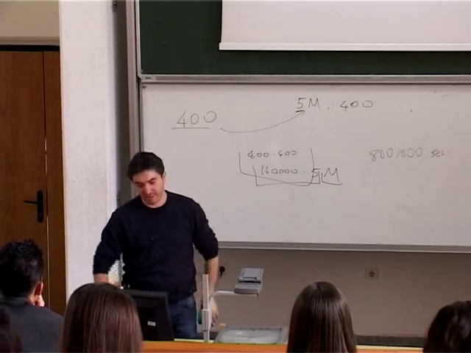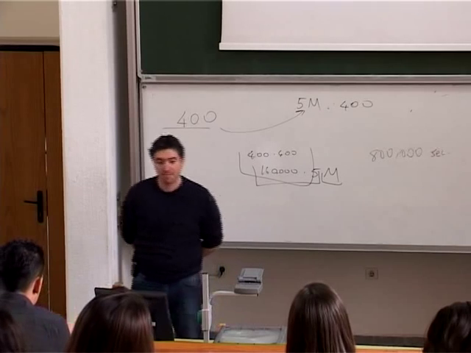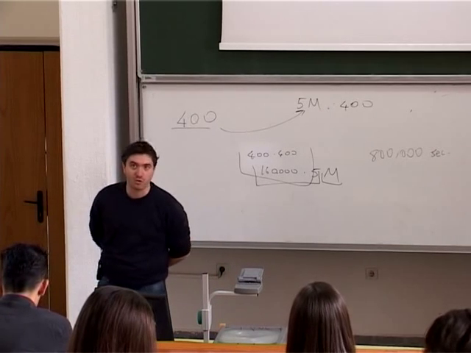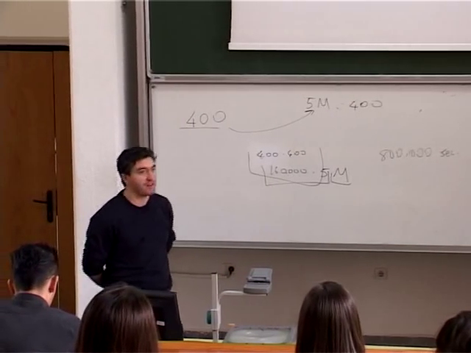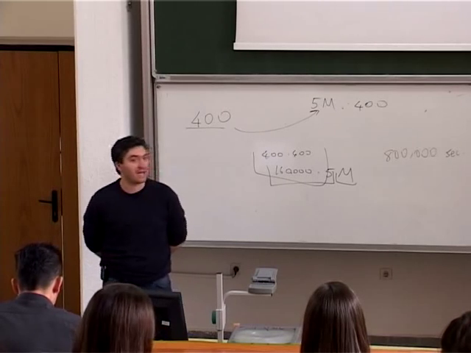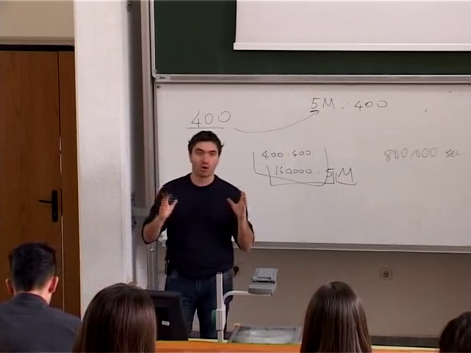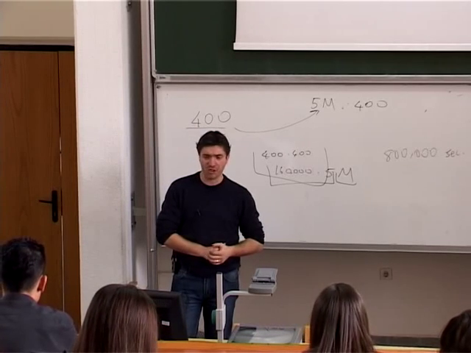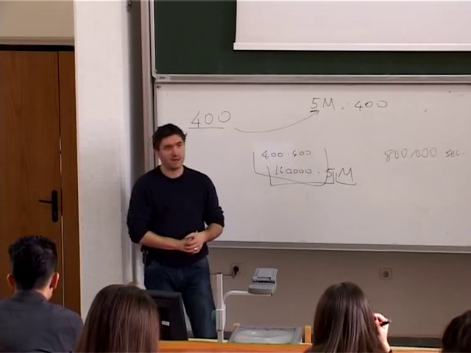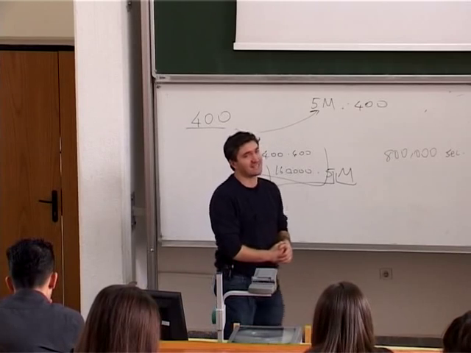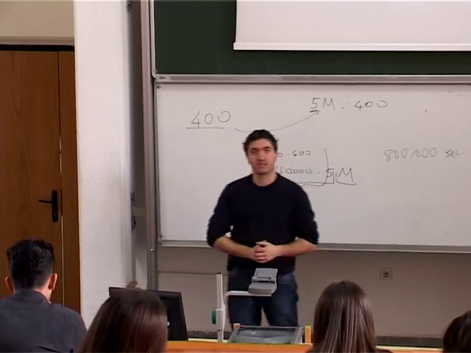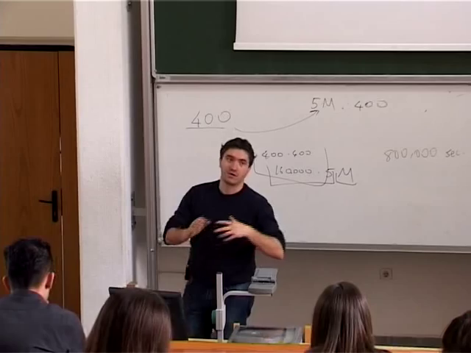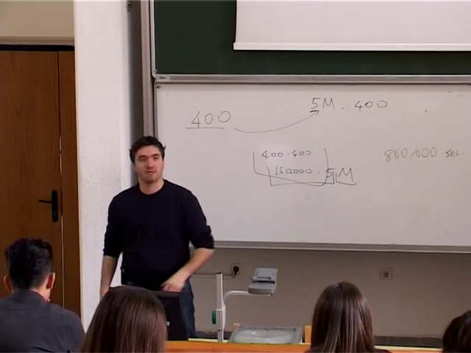BLAST is the acronym for Basic Local Alignment Search Tool. As the name implies, we're interested in local alignments in BLAST. It finds local similarities between sequences. The original BLAST was developed in 1990, and there was BLAST 2 and PSI-BLAST. There were extensions to this: BLAST for nucleotides, BLAST for proteins.